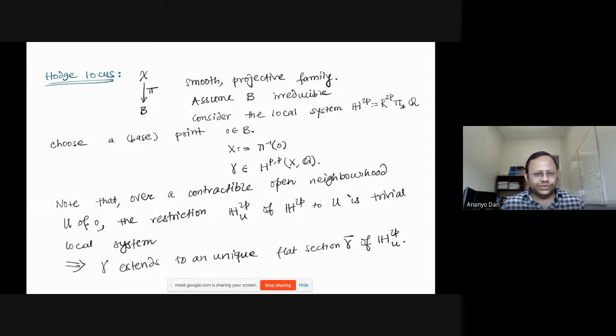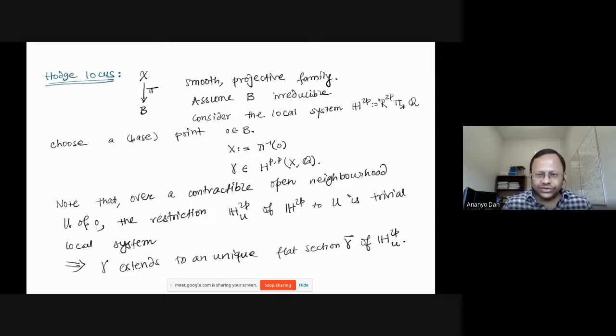What is important here is that we are now working in the analytic topology. So in this analytic topology, this object still makes sense. You can look at the higher direct image of these rationals, and what you can observe is, so what is the fiber?